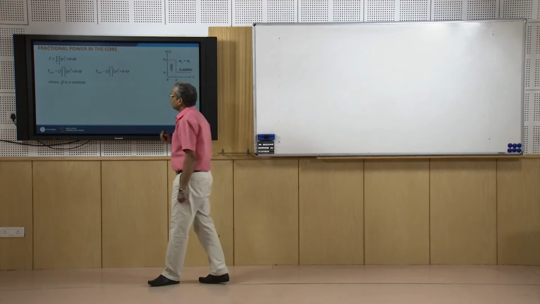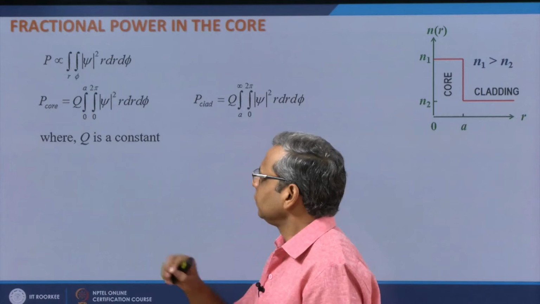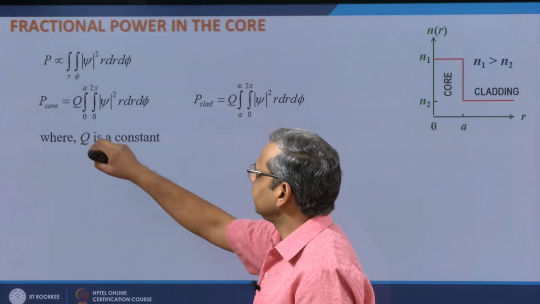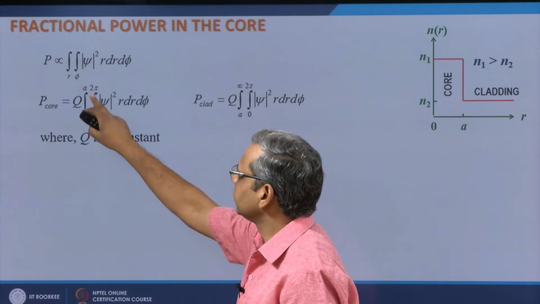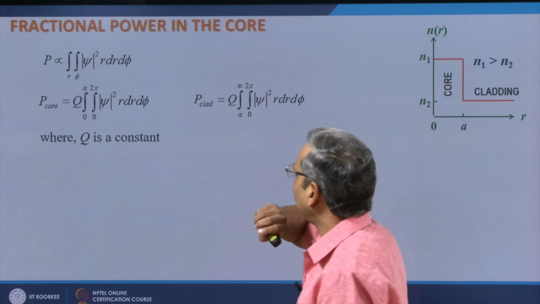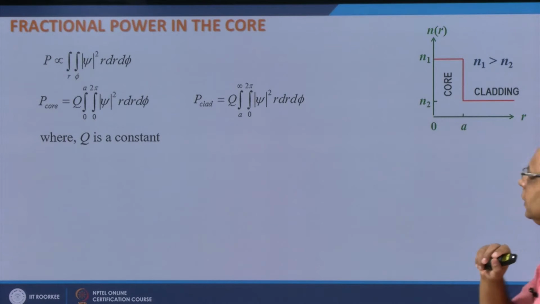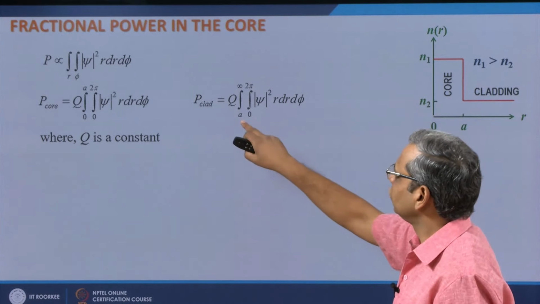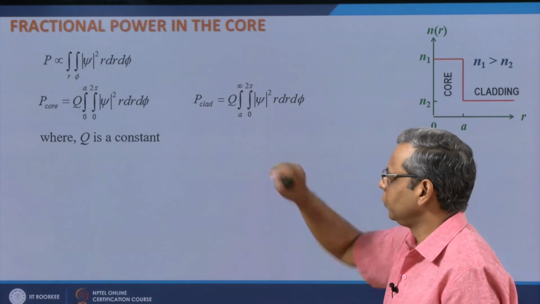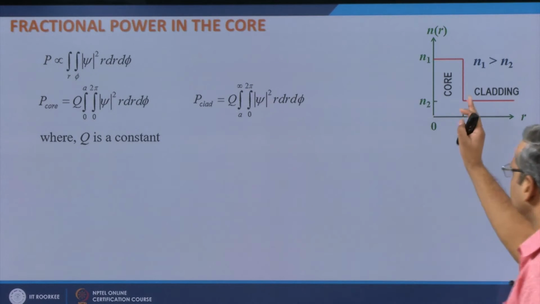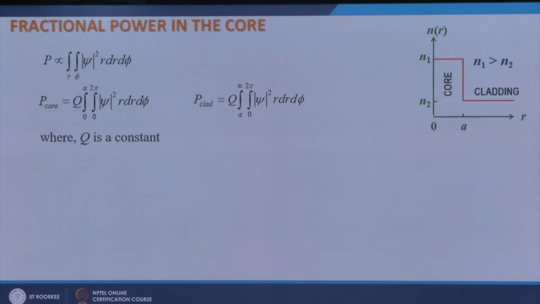So, in the core it would be given by some constant q, and this integration over r would be from 0 to a, and if I want to calculate the power in the cladding, then this integration over r will go from a to infinity, because I am considering a case where the cladding is infinitely extended.